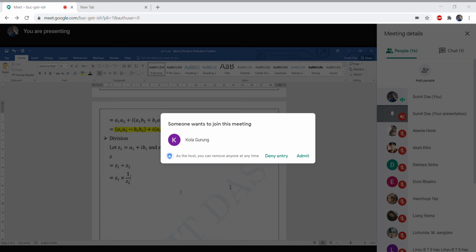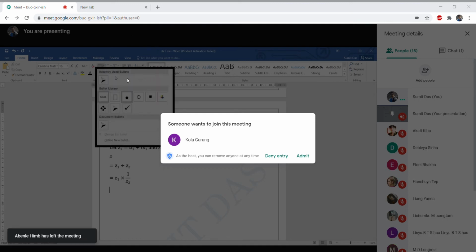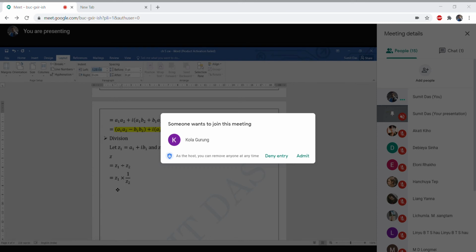Okay, there are a few formulas, identities related to complex numbers.